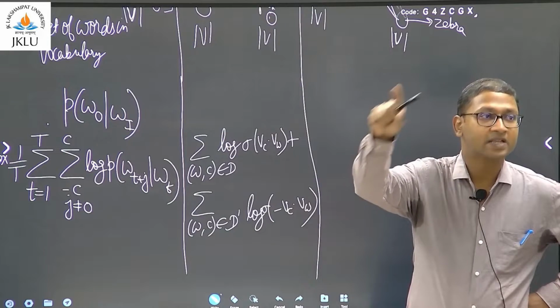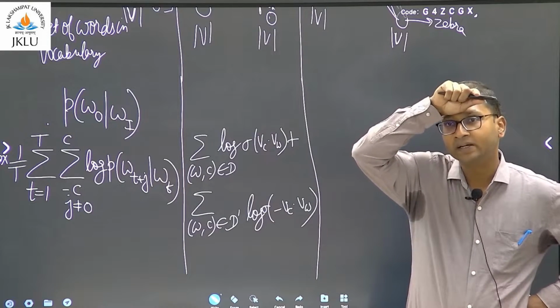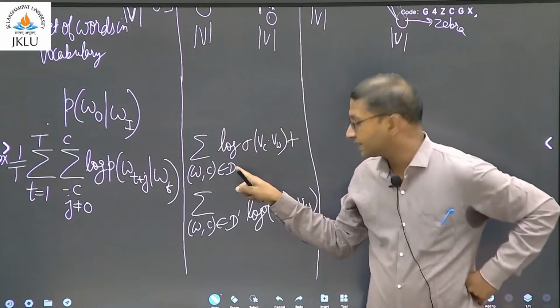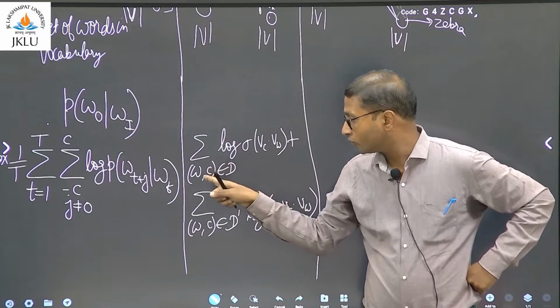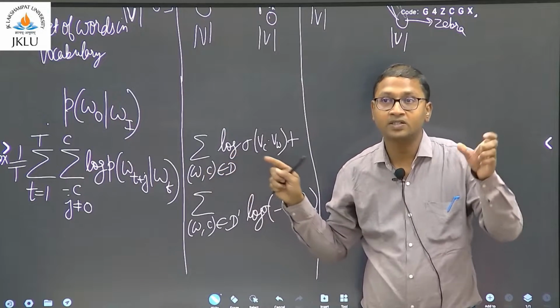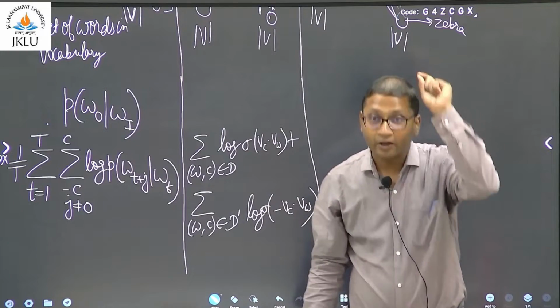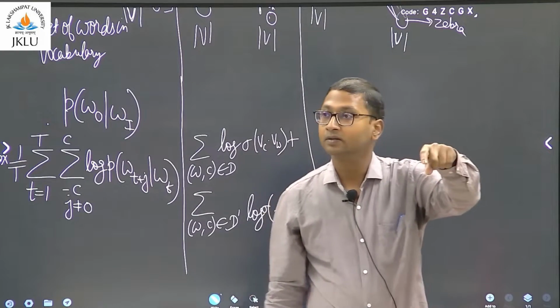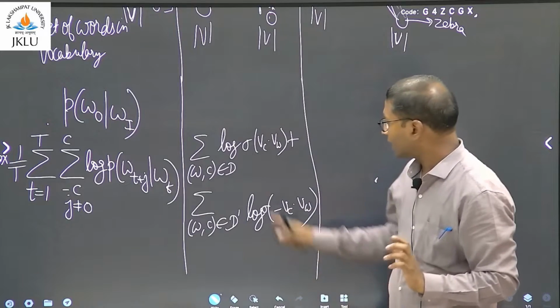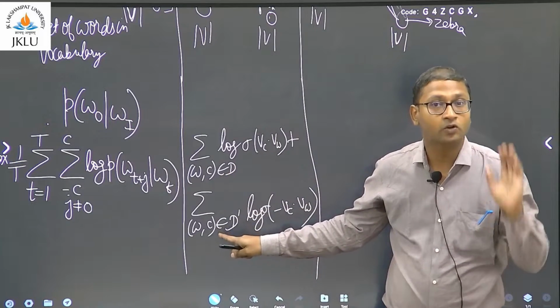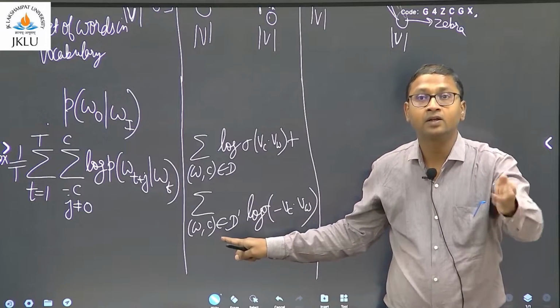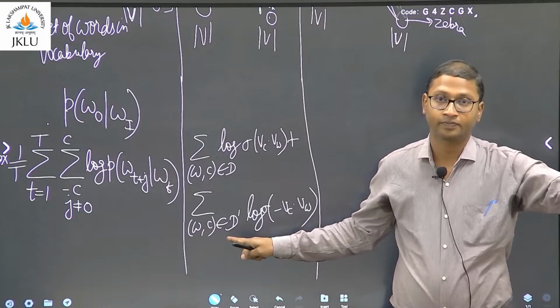If my corpus has size 1 billion, then 4 billion. So this D has size 4 billion. When you say w comma c, what does it mean? You are talking about every damn pair in the corpus. Okay. And when you are talking about this, you are talking about every pair in the non-corpus.